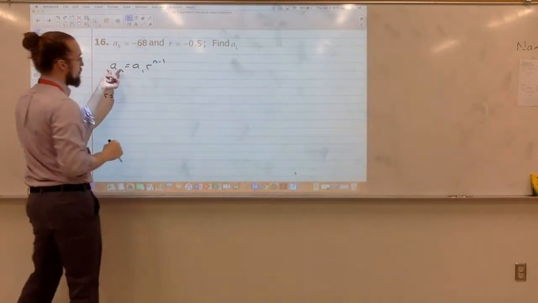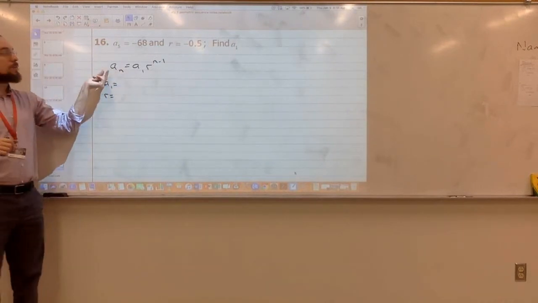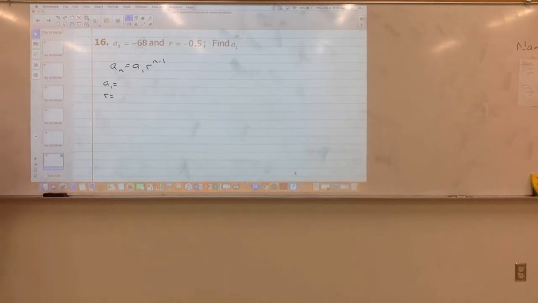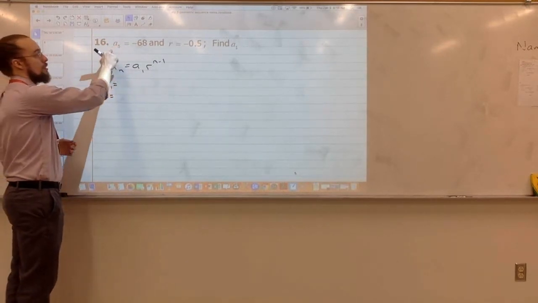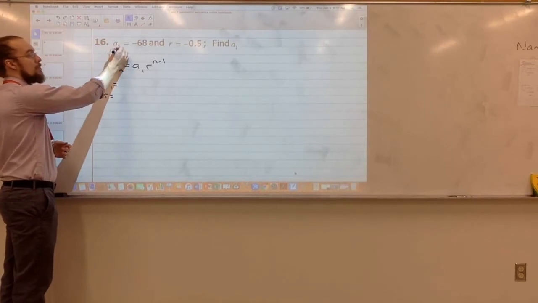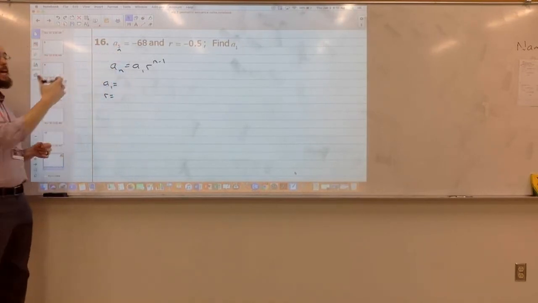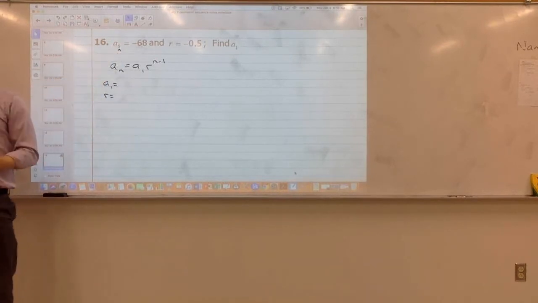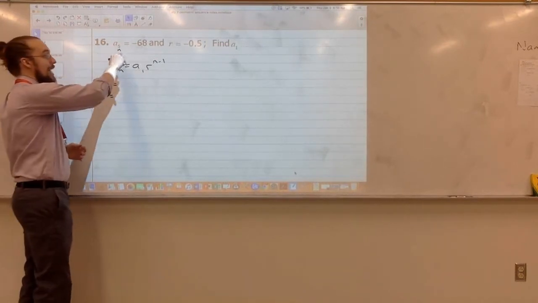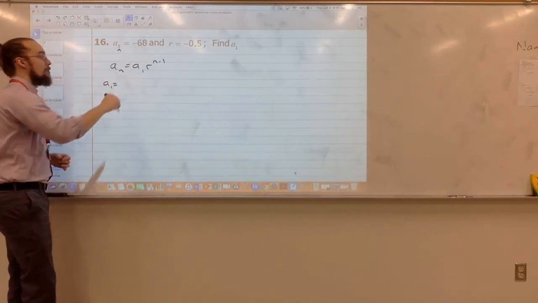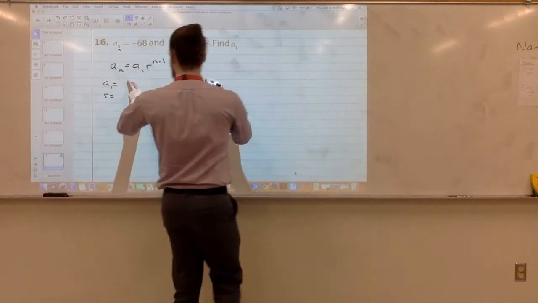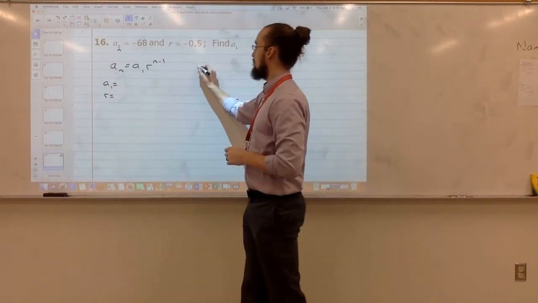So we can plug something into this formula in every spot except for a sub 1. We have all of that information. Here, my a sub 5, I'm going to treat that as my a sub n. So I'm going to say that 5 is my n value, and my a sub n is negative 68.